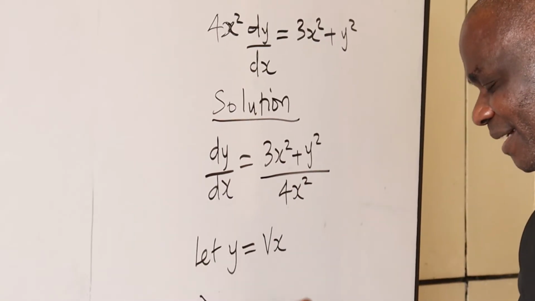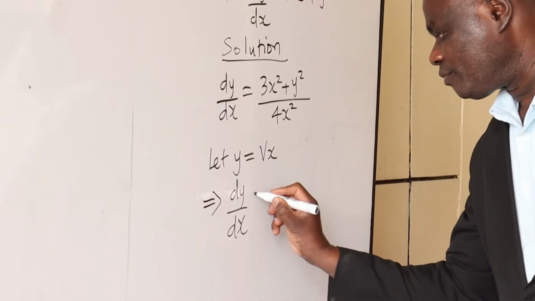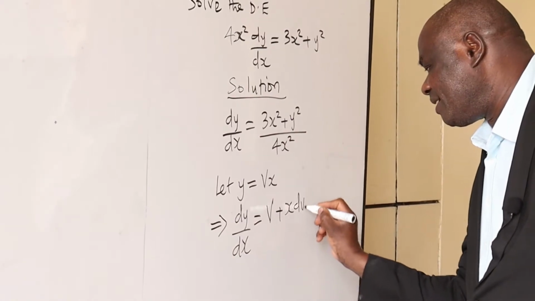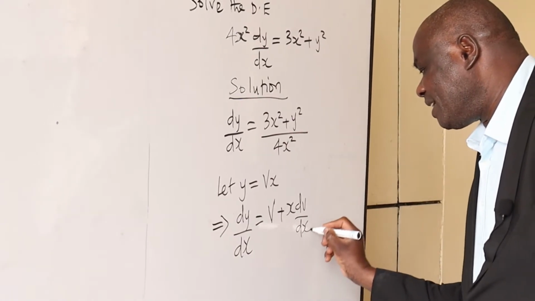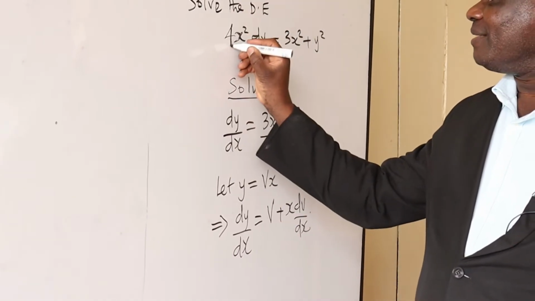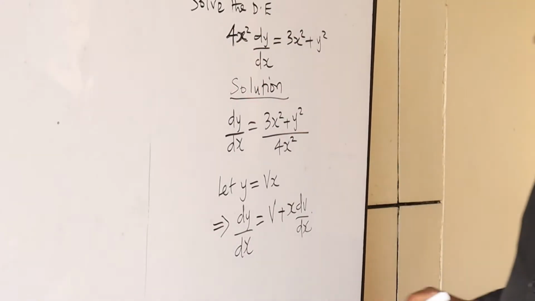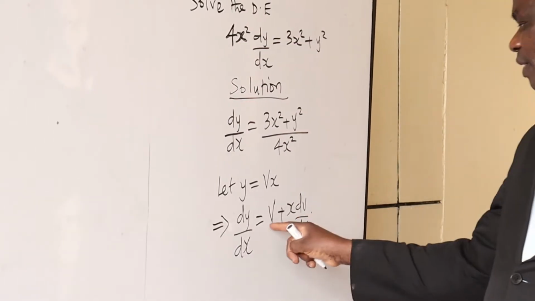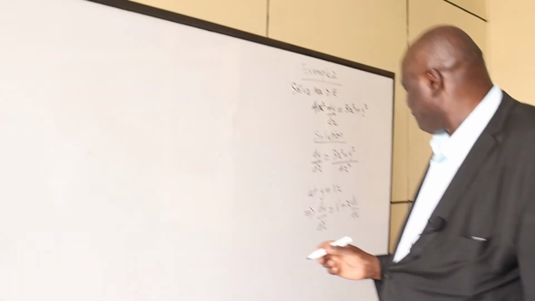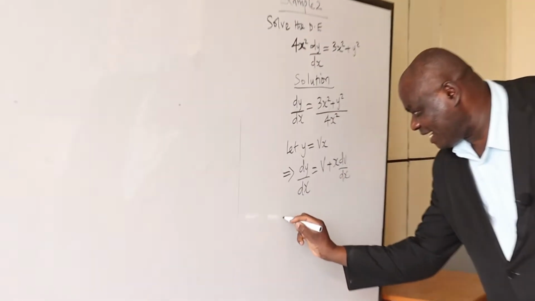This implies what? dy dx is equal to v plus x dv dx. So when we substitute in this, what do we get?